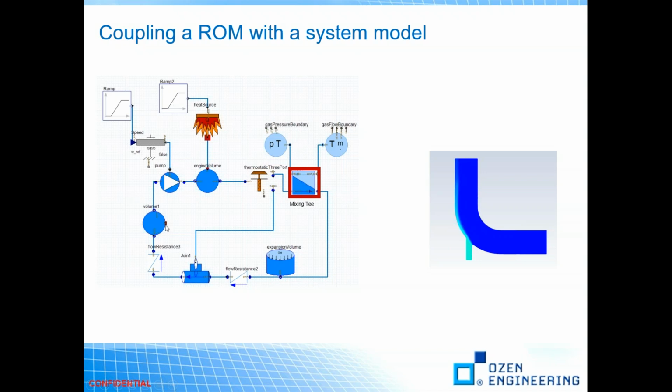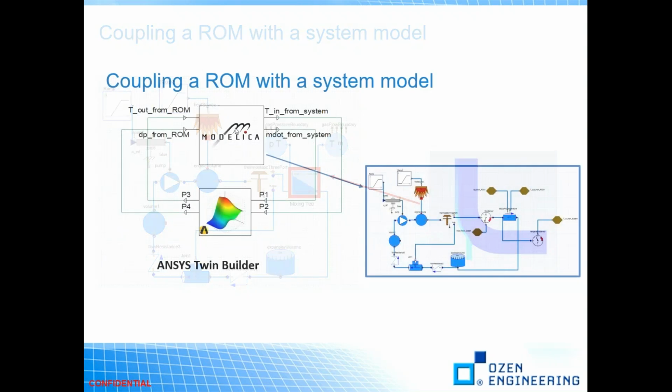Most of the components we see on this slide are from the TwinBuilder library. If you're familiar with the tool, creating a schematic probably takes just a couple of minutes to an hour. Relatively simple.